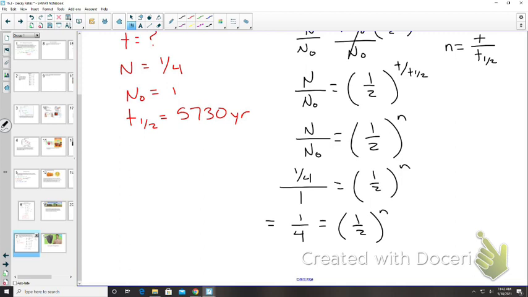At N equals 2, 1/2 to the exponent 2 will equal 1/4.